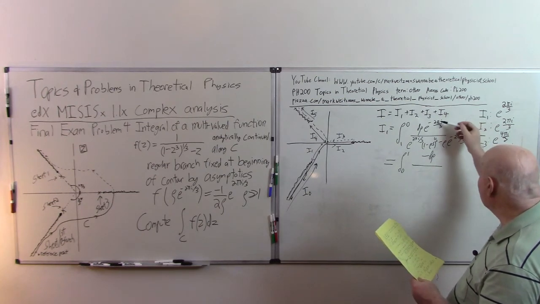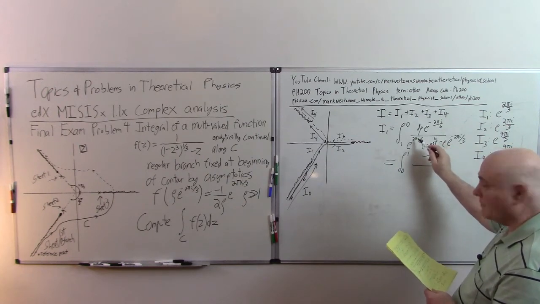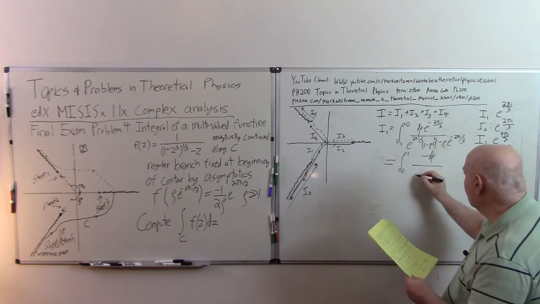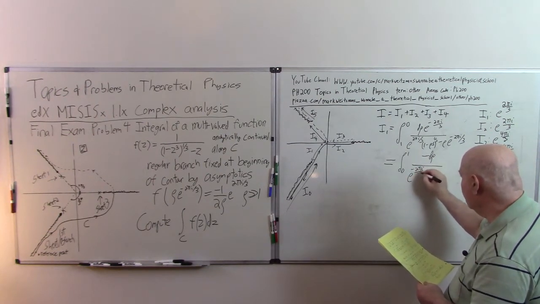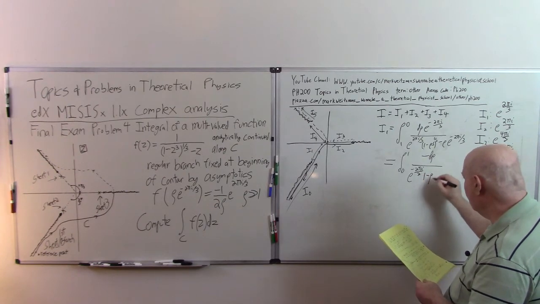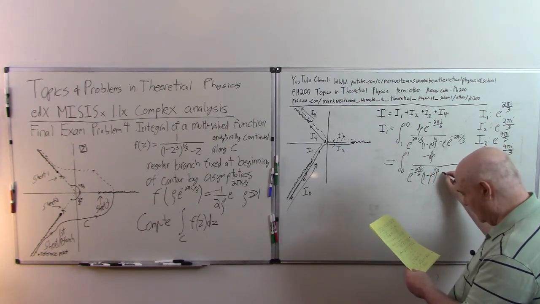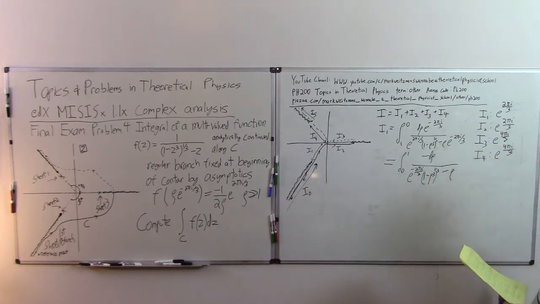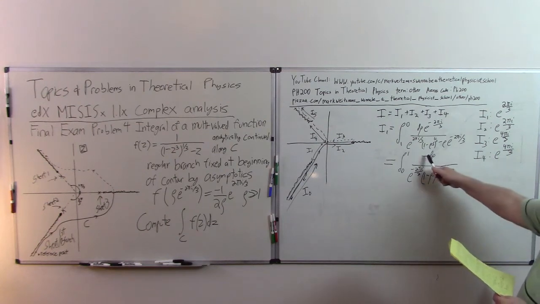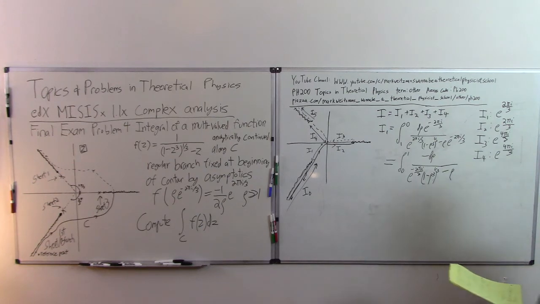If I multiply everything by e to the 2 pi i over 3, this becomes 1, this becomes 1, this becomes e to the 4 pi i over 3, but I want to make that with a minus sign, so I'm going to have e to the minus 2 pi i over 3, 1 minus rho cubed to the 1/3 minus rho. The minus sign here didn't come from the denominator, it came from switching the integrals.